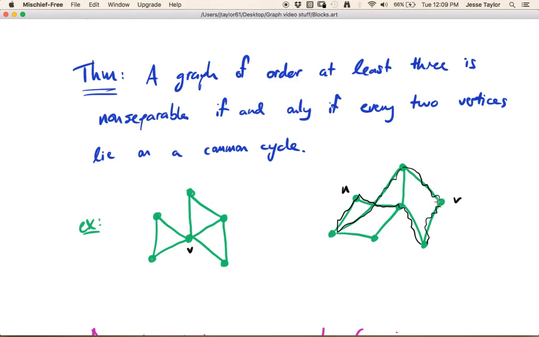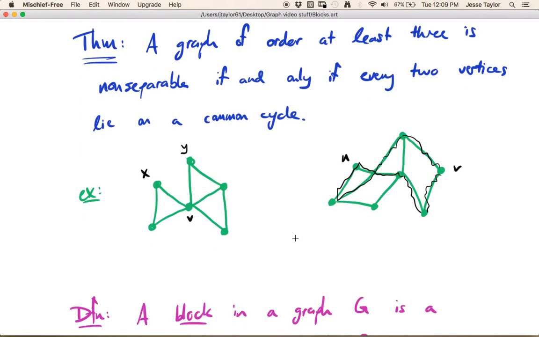There's a cycle that has U and V, and you can do that for any 2 vertices. As opposed to in this graph, let's say I take these vertices, X and Y, there's no cycle that uses both X and Y. So that's what this theorem says: if you can find a pair of vertices like this, then you know there has to be a cut vertex, and if you can't find such a pair, then there isn't a cut vertex. Okay, so that's kind of nice.